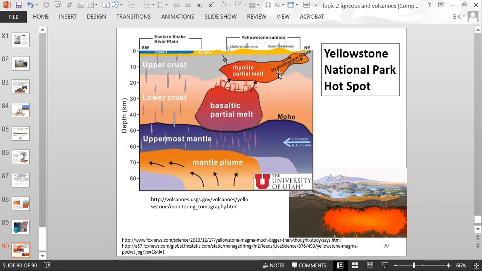And then you have hydrothermal fluids, which are hot fluids related to the hot magma underground. And in some cases, that leads to hot springs.